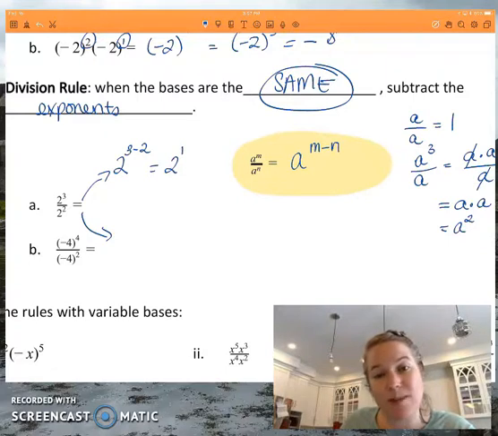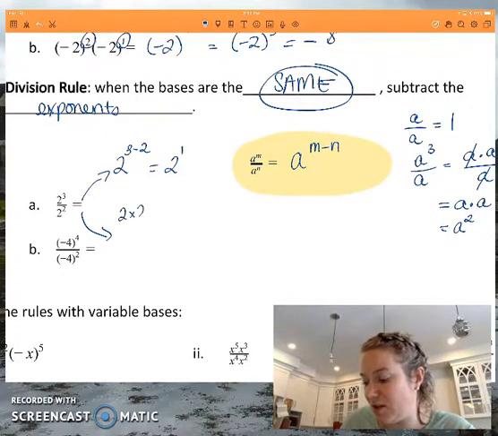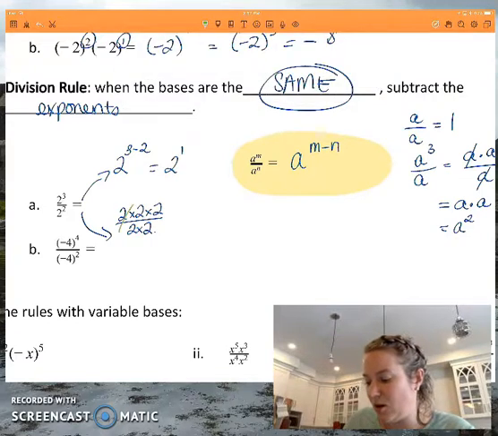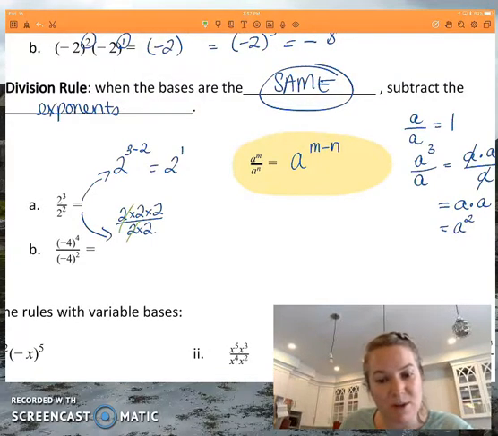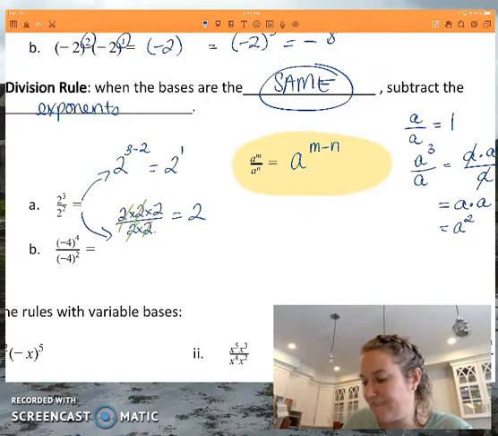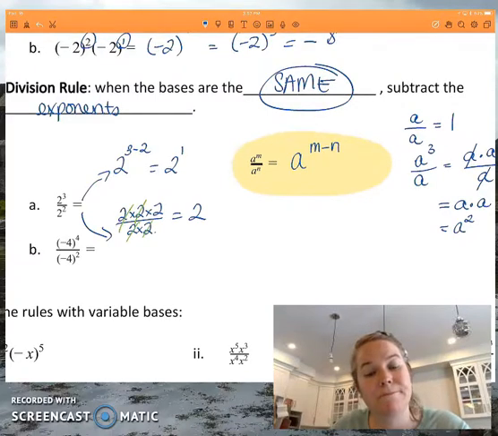Or we can do this the long way. We can say 2 to the exponent 3 in the numerator is 2 times 2 times 2. And 2 to the exponent 2 in the denominator is 2 times 2. Then we're going to do some canceling. So I've got a 2 on the top and the bottom. 2 divided by 2 is 1. 2 divided by 2 is 1. What am I left with? Just 2 on top.